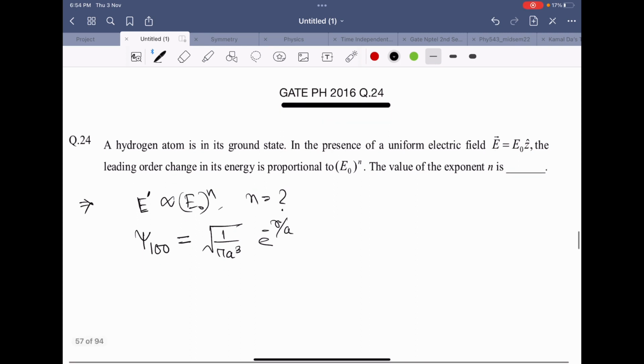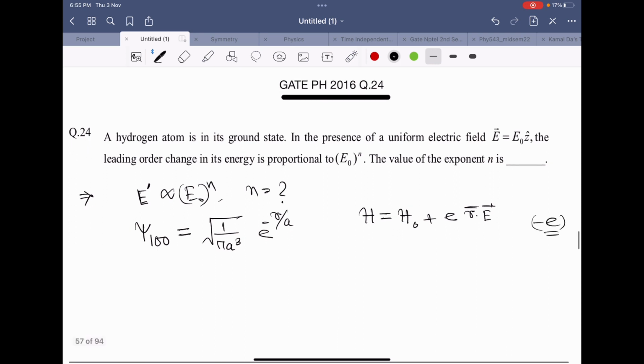So for the hydrogen atom, if we apply an electric field, then the Hamiltonian will be H naught plus e r dot E, where minus e is the charge of the electron. This is the unperturbed Hamiltonian of the hydrogen atom, and this is the perturbation due to the electric field.